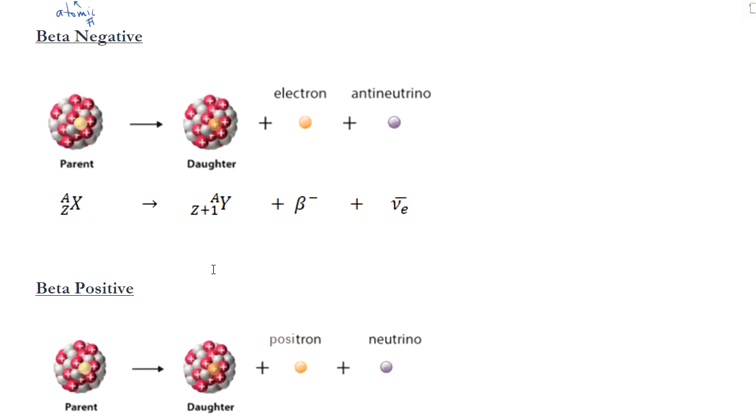Next one is the beta negative type of decay. So you have a nucleus decaying into a new nucleus, and what gets emitted is an electron and an antineutrino. So where did this electron come from? Well, it looks like we have one extra proton here, but the same mass.